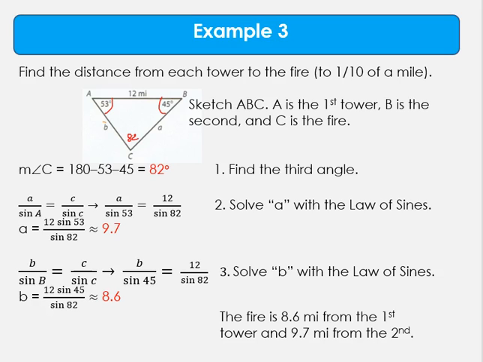So side a over the angle across from it, which is sine 53. And we'll use 12 miles, because we want to be able to use our length, over sine 82.